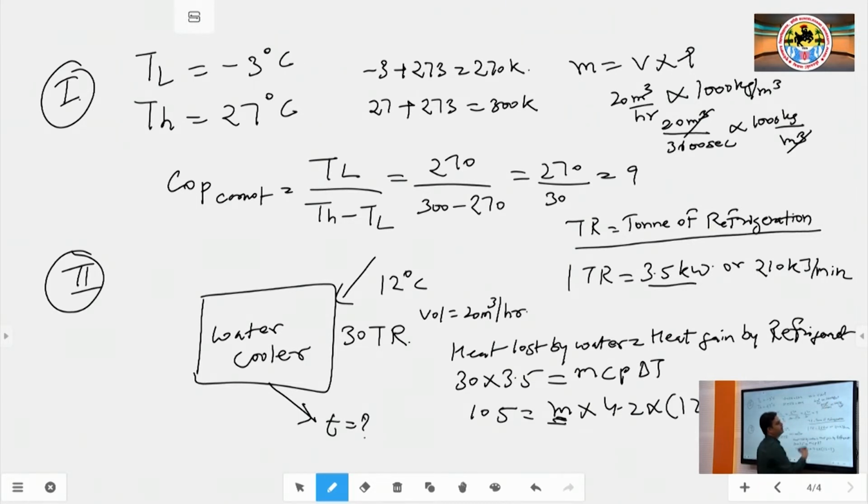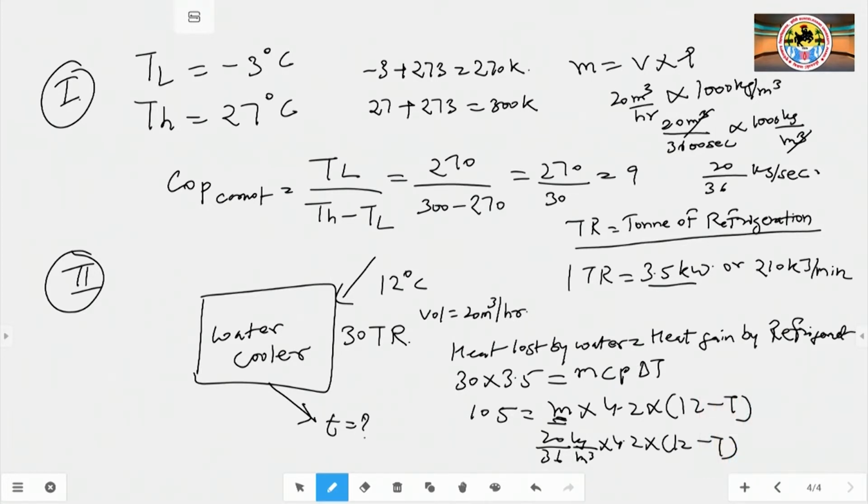Meter cube cancels out, and 20 divided by 36 kg per second is the mass. So we put the value of mass, 20 divided by 36, into 4.2 multiplied by 12 minus T, equal to 105.